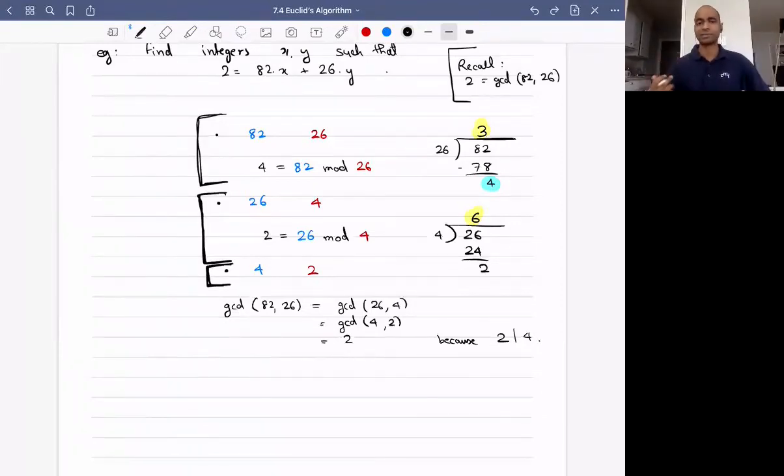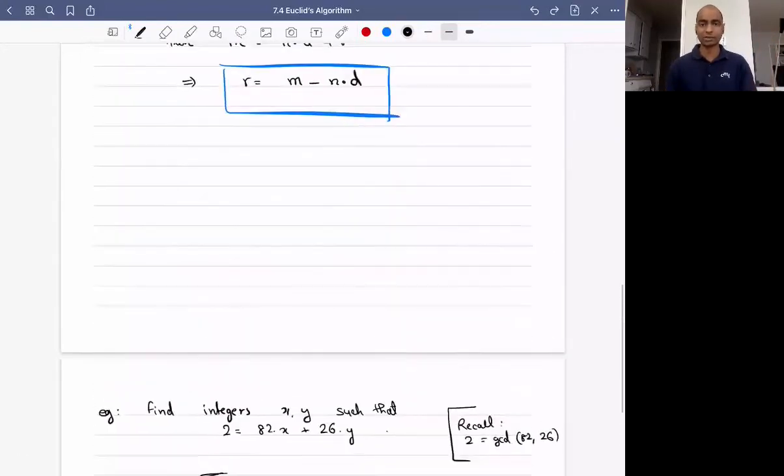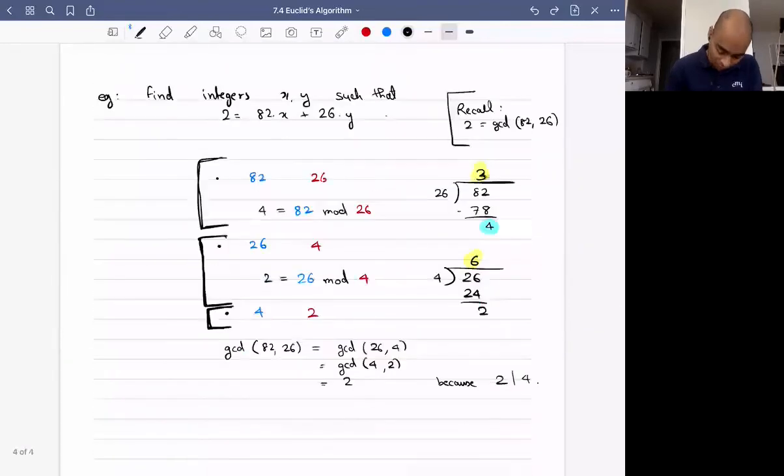But now I need to find something more than the GCD. So here's how I'll do it. First, I'll systematically write each of these blocks using the equation that we just did above, that R is equal to m minus n times D. So first thing is to find those equations in each of these things.